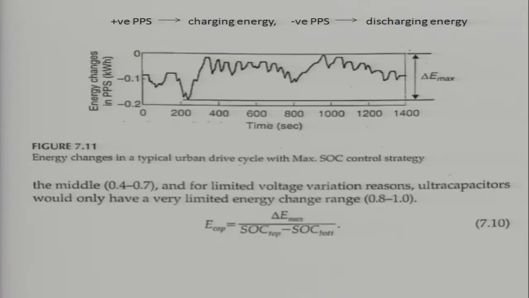This is the whole capacity of the peaking power source, E capacity, which must be calculated for determining the size of the PPS. This involves delta E max divided by SOC top minus SOC bottom. Because the top line and bottom line of SOC must be known, accordingly this E capacity must be found out, and that is the size of the battery which is to be connected to the load.